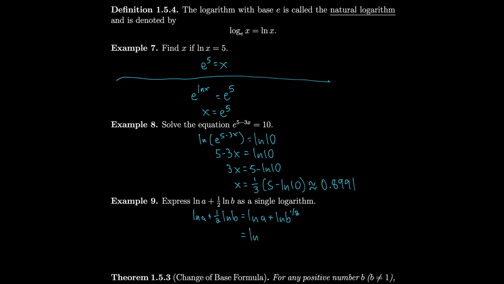So that's ln of a plus ln of square root of b, because that's what our half powers mean. And then this is a sum of logs, so we can write it as a single log using a product. So this is ln of a root b.